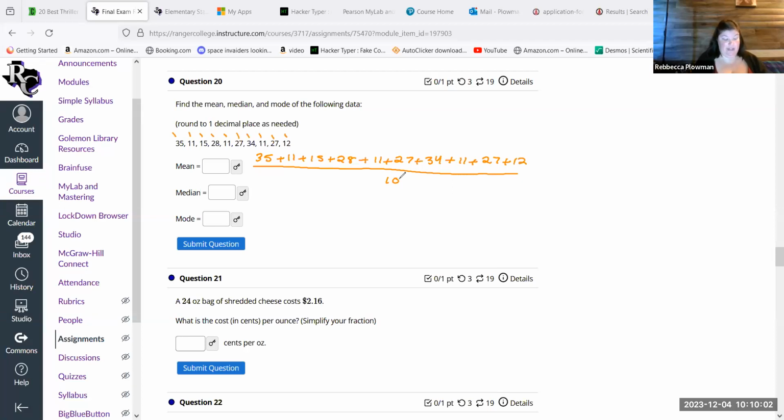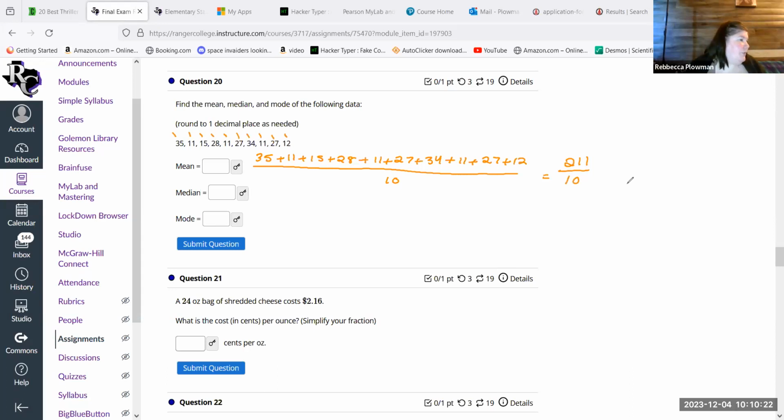So we'd have 35 plus 11 plus 15. You know, I'm actually going to cheat here really quick because I'll be here all day otherwise. The top should add up to 211. And I tried to give you something much smaller.